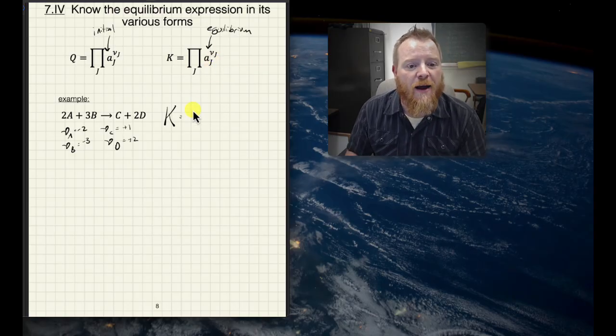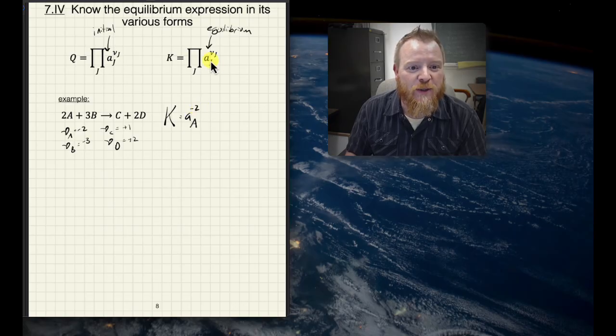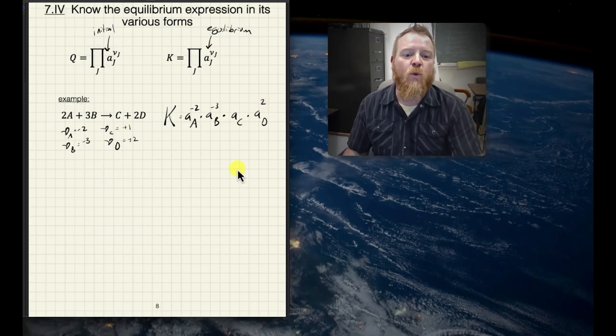So now that becomes A, and I'll replace the J with its chemical identity. So that's A of A, and it's got to be raised to its stoichiometric coefficient power. Okay. So then now, right, it's a product, so we just keep multiplying them. That's A of B raised to its stoichiometric coefficient power. And now that's times the activity of C, and it's raised to +1, so I'll just leave it like that. And now that's times the activity of D squared.